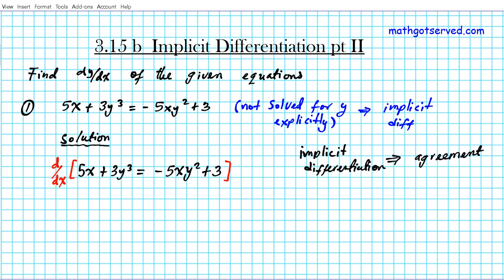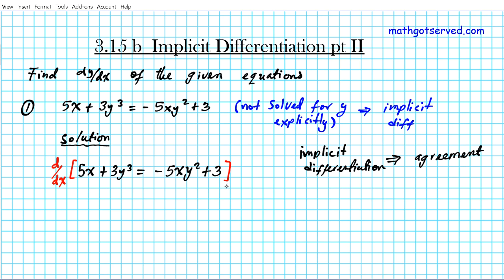Any term that's a function of just x, that has x as the only variable, that's a term that's in agreement with what you're differentiating with respect to. If a term does not have only x as a variable, it has x and another variable in there, you're going to have disagreements. And whenever you have disagreements, you have to reflect that by applying the chain rule and adding on d of that variable dx, okay?